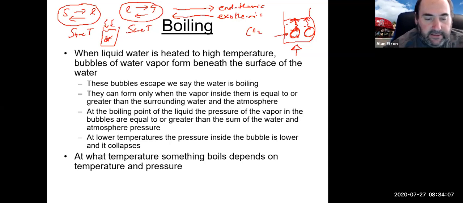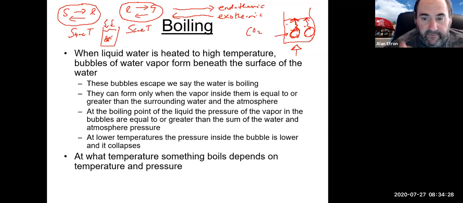And again, the temperature at which something boils depends on temperature and pressure. So, for example, the boiling point at sea level is 100 degrees Celsius. But if you go to higher elevations, it may actually boil at a lower temperature, right?